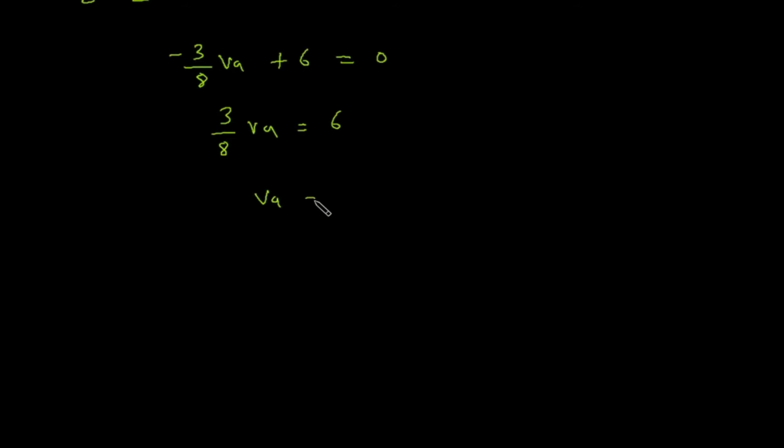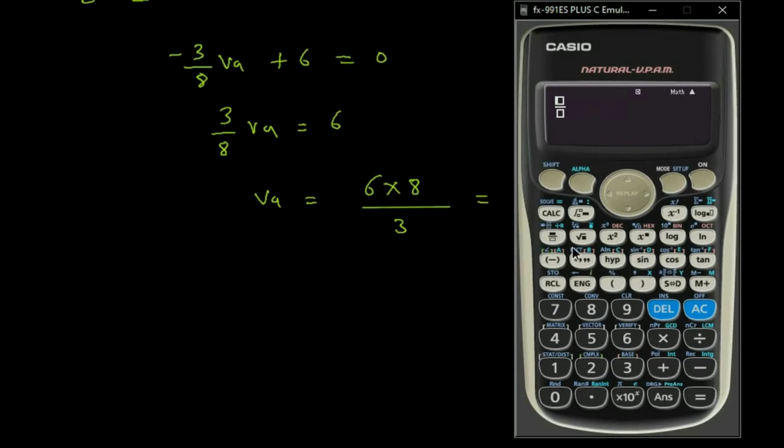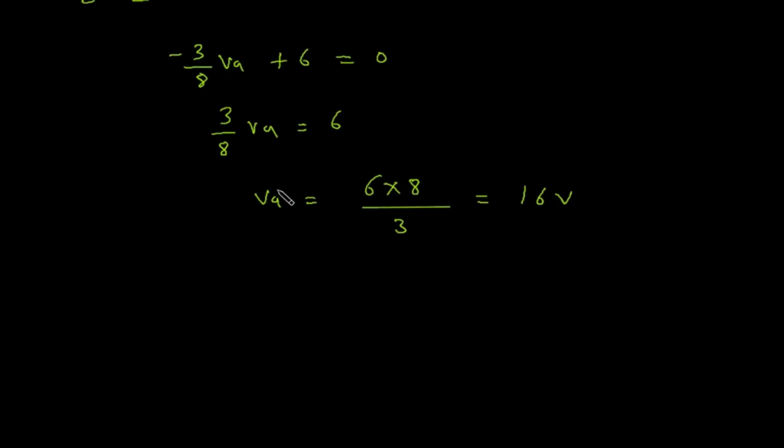So VA is equal to 6 into 8 by 3. So this will be 6 into 8 by 3. 16 volt is the value of VA.